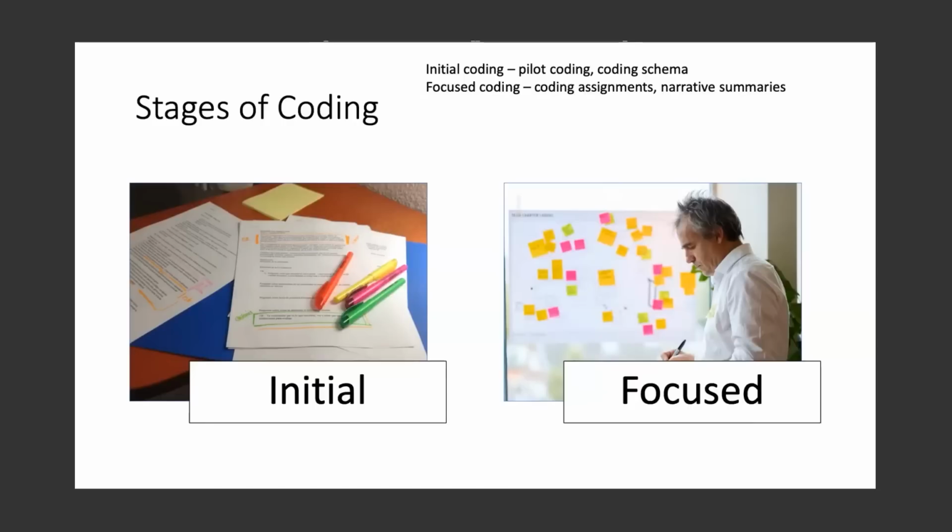And finally, one last way that I will discuss to code is incident by incident. That's essentially used when there is a logical chronology to the particular phenomenon or topic that you're looking at.